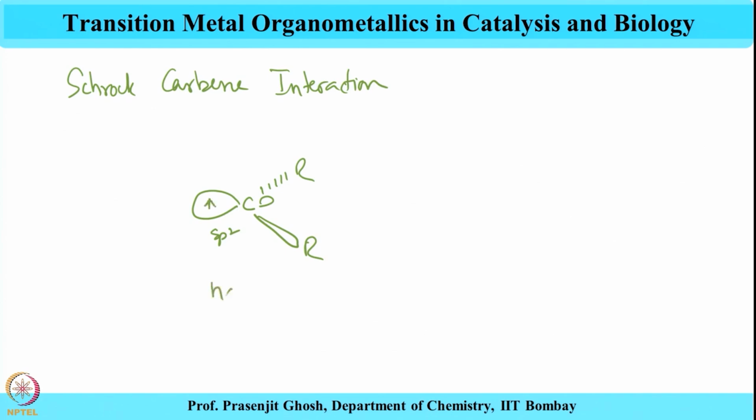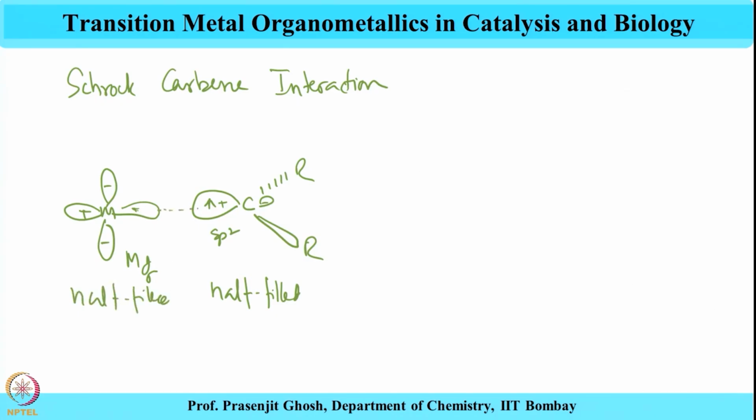So, this is called half filled, and the metal d sigma orbital is also half filled, and they make a bond which is a metal ligand sigma bond, covalent.